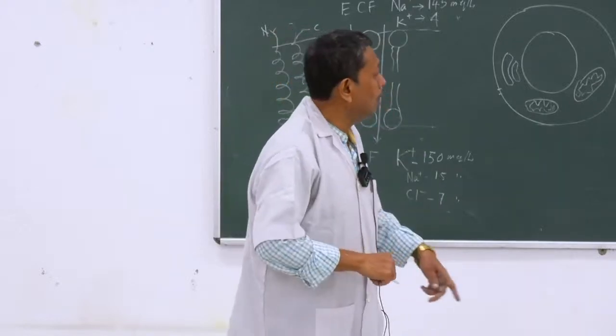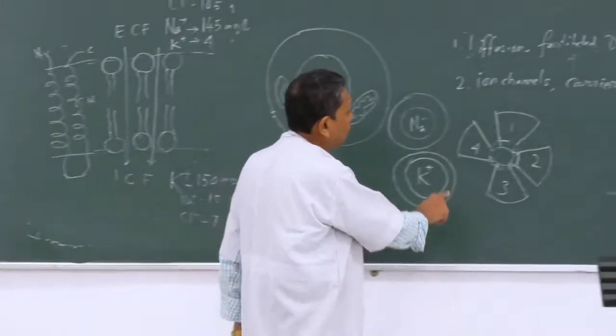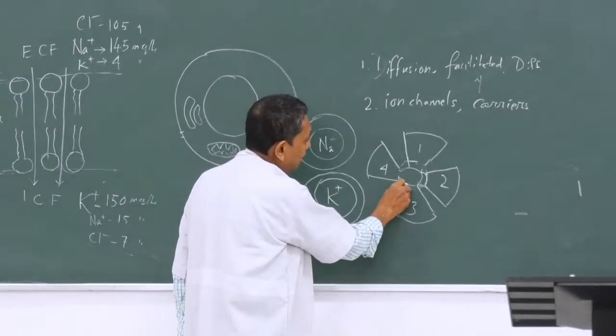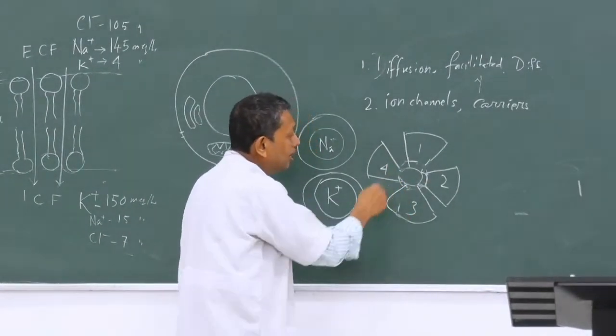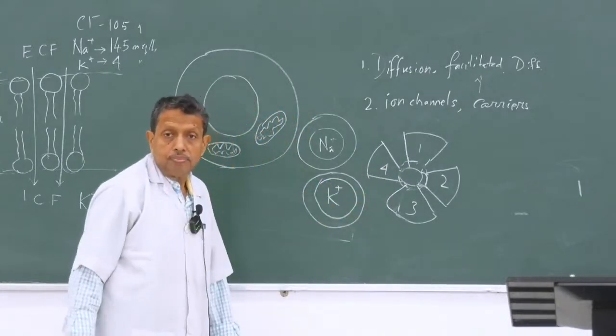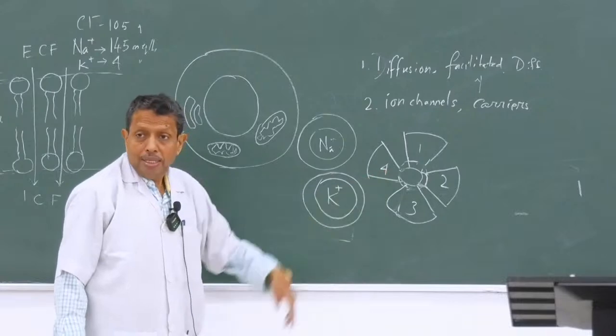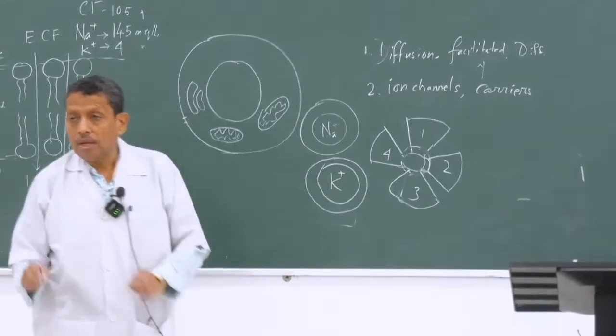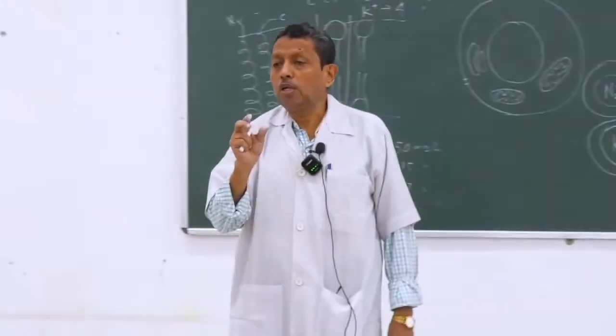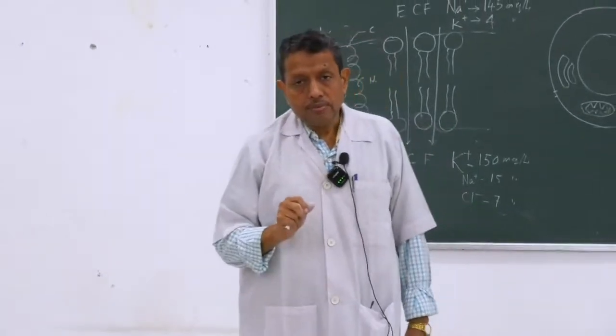Now, when you consider the potassium channel, suppose it is also a voltage gated channel, and the 4 subunits come together to form the channel. These subunits are formed by modification of the unit.